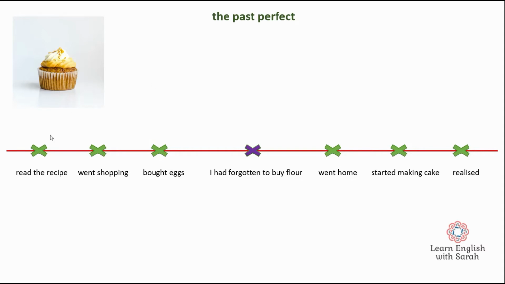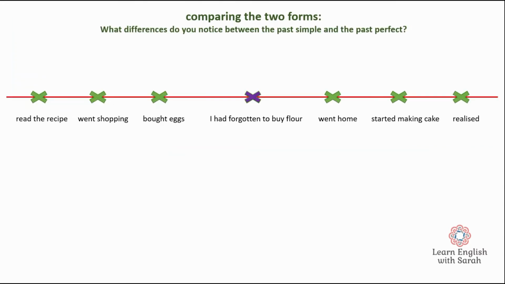So these green X's are all past simple sentences. This purple one in the middle is the past perfect. So let's look a little deeper at the differences between those two forms. The first difference to point out is really the form of the two tenses.